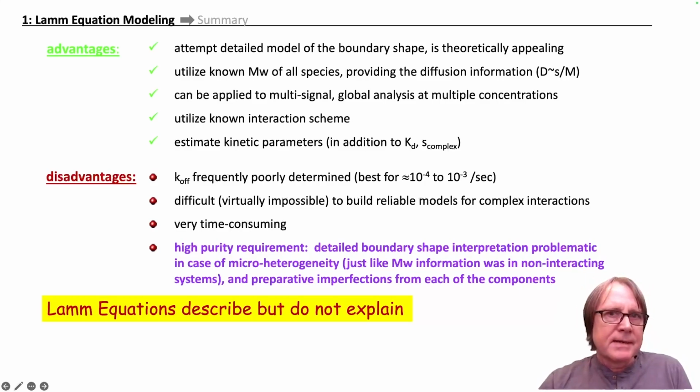As we will see, sedimentation boundaries of interacting systems are very feature-rich and have patterns that are clearly visible to the eye. And we want to understand their physical origin and utilize for the analysis robust models that rest on the strength of sedimentation velocity, which is the separation of mixtures. And we want to use models that allow us to exclude contributions from unrelated sample imperfections should they occur.